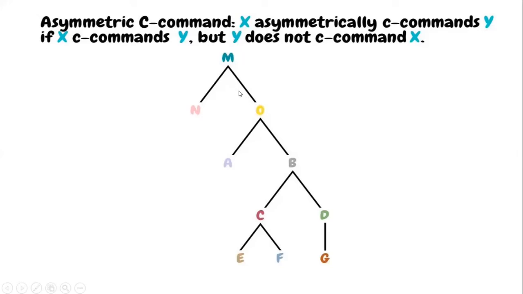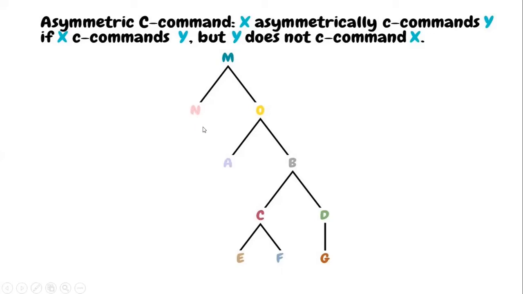Going up twice in this way means going up twice, and this is against the rule. So therefore, A does not C command N. As a result, N asymmetrically C commands A, because N C commands A, but A does not C command N.